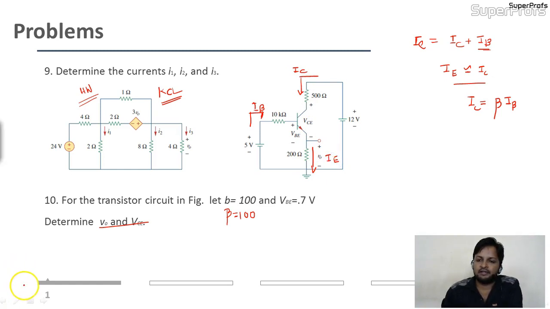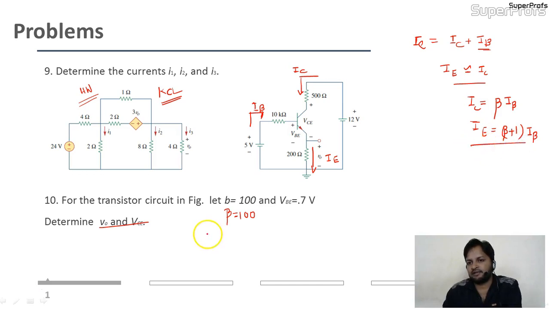Is it clear? And IE is beta plus 1 times IB. Is it okay? So you can see IC and IE are nearly equal to each other, right? Now we'll solve this circuit.